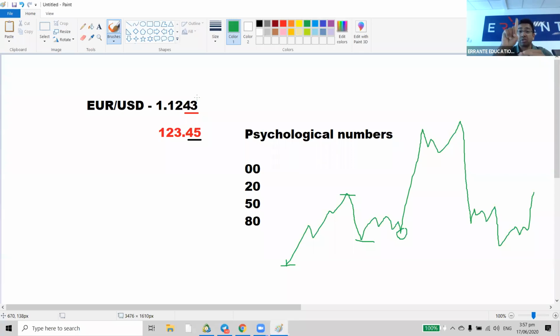You need to give it a little more time to see how strong the buyers are. Usually, if the buyers go above 1.1250, at least 10 pips above, then the momentum of buyers will come in much more. Then you can buy, 10 pips above 1.1250, not 10 pips above the current price, but 10 pips above the closest psychological number.